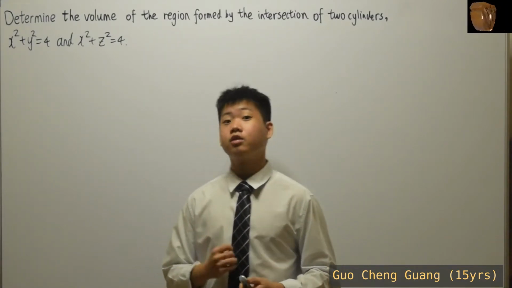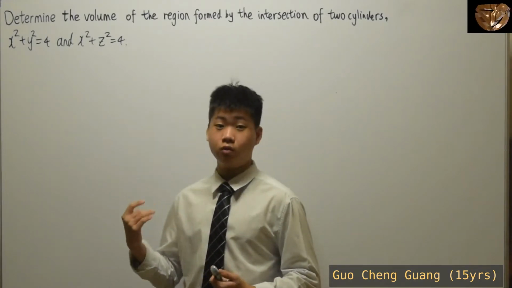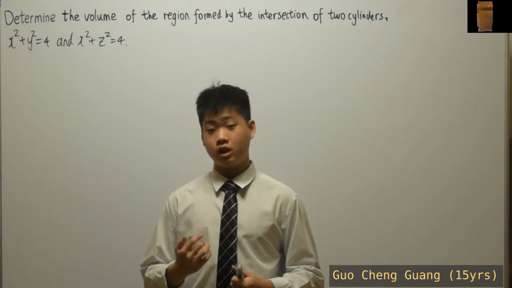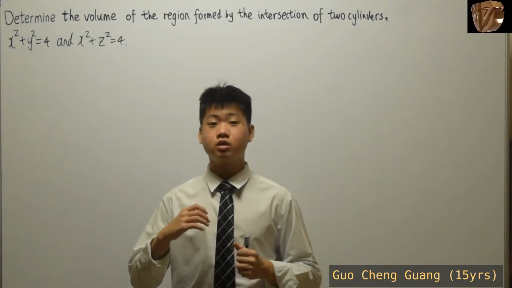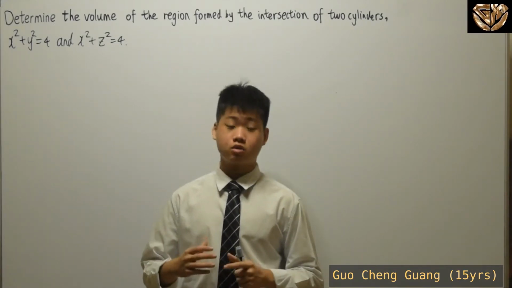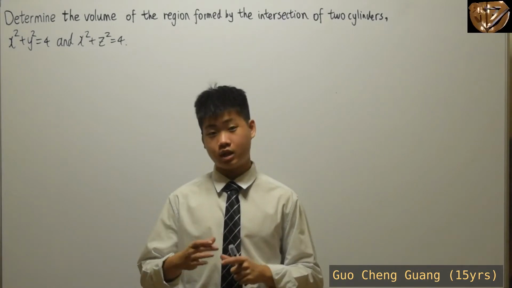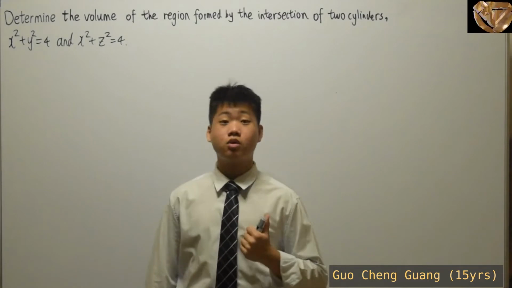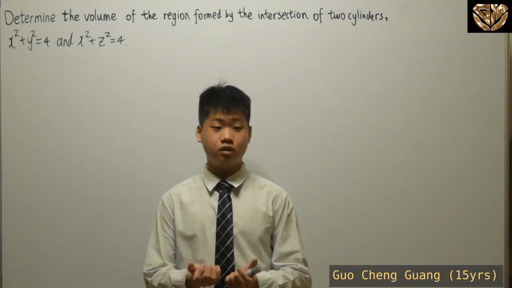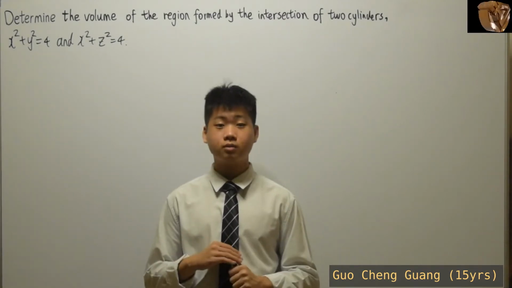So if you have watched that lesson, then you will probably already know that these two cylinders are similar in shape, but they are just in different directions. x squared plus y squared is equal to 4 extends in the z-axis direction, while x squared plus z squared is equal to 4 extends in your y direction, right?